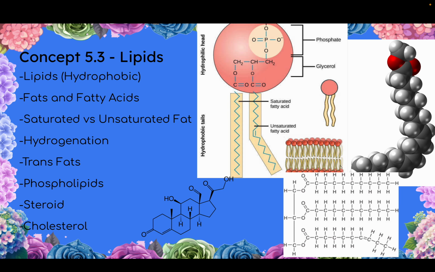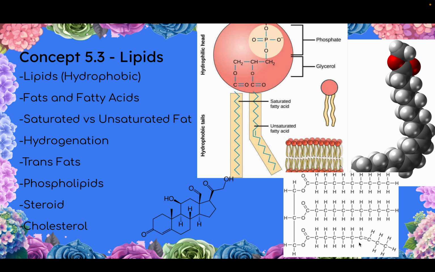This is a pretty important thing to know. There are saturated fats and there are unsaturated fats. They're caused by a kink in their fatty acid tails. This kink is formed by a double bond, as you can see here, between the carbons.